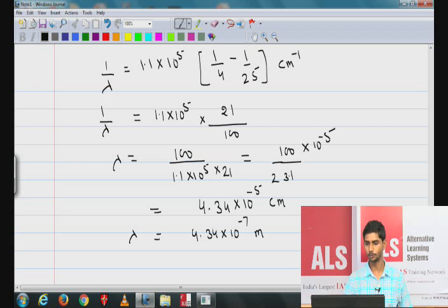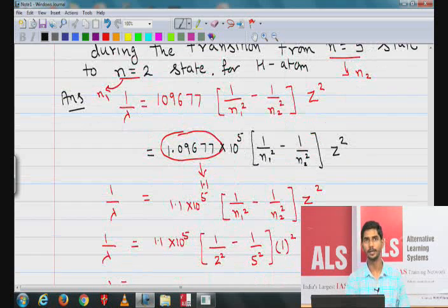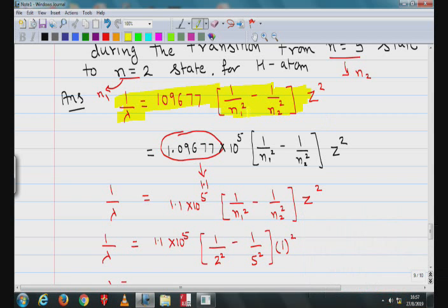Okay, I'll repeat this question for you. See, look at this. You have to use this formula. I have told you that during the transition, the orbits will be different. One will be n1 and the other one will be n2. I have told you that n1 should be the smaller value and n2 will always be the bigger value. You will be given two orbits.